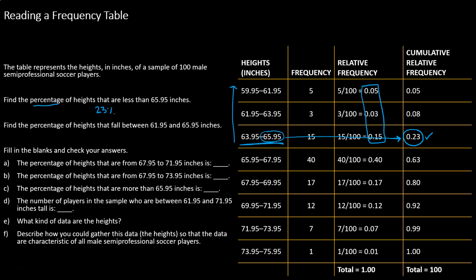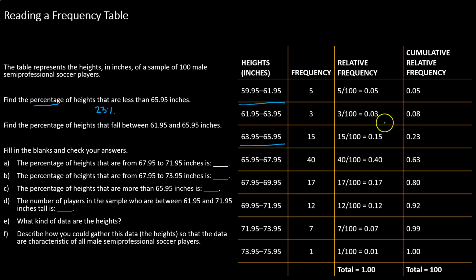We can also find the percentage of heights that fall between values. So looking at the next part of this question, 61.95 up to 65.95, we're looking at everything from 61.95 up to 65.95. So we're looking for all of the data values that live here, and we want it as a percentage.